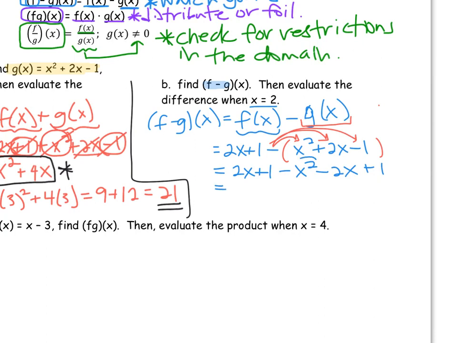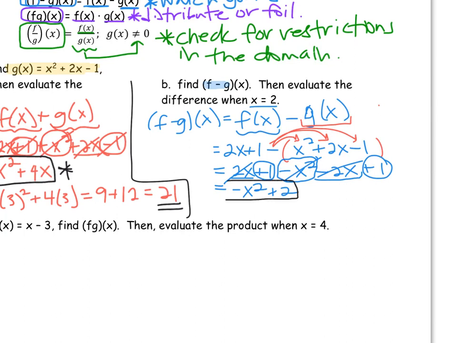Our lead term is going to be negative x squared, so it has a lead coefficient of negative 1. Our linear terms are now opposite signs, plus 2x and minus 2x. They automatically cancel out. Our constant, plus 1 and plus 1, becomes plus 2. Our answer simplifies then for the difference to be negative x squared plus 2.